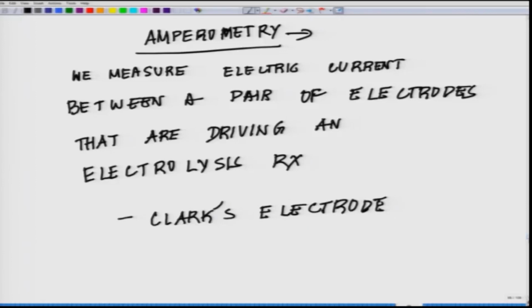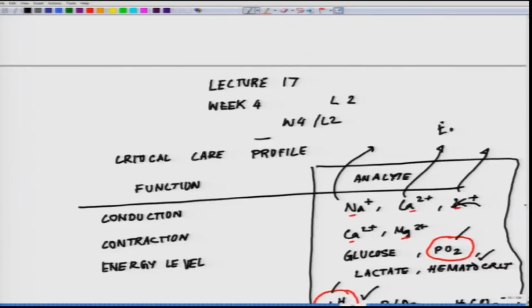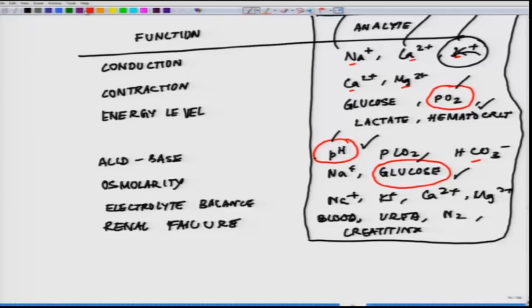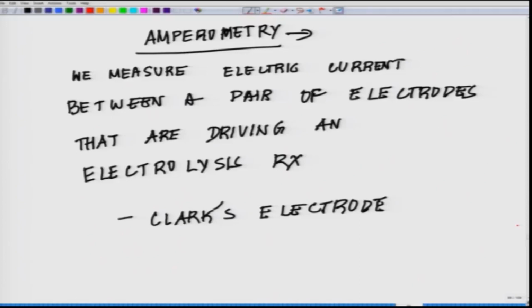We have already shown how potassium could be measured. We talked about how pH could be measured. Now, we are into oxygen, and it will be followed by glucose. Okay. We are talking about the Clark's electrode now.